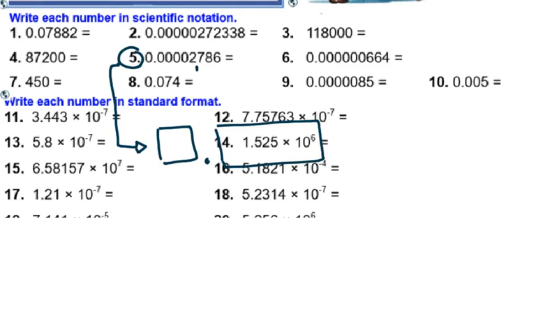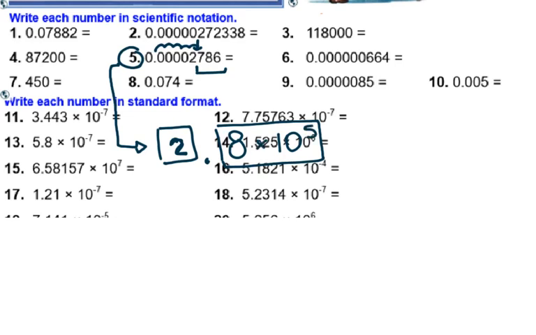So I'm going to put the decimal right here. So that is 2. And I'm going to round the rest to 8. So I have 2.8. I placed the decimal after 2. So I moved 1, 2, 3, 4, 5 positions. So I know it's going to be 10 to the 5th.